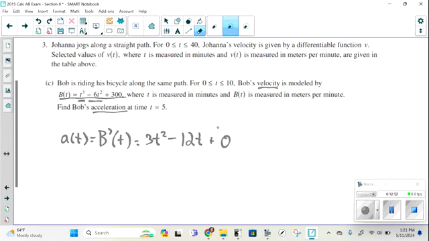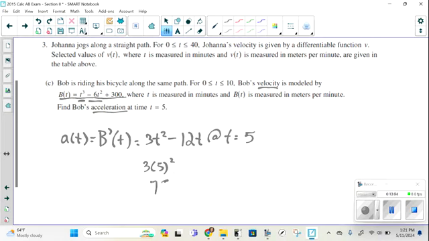But I don't even got to write that. And I want this at a time equals 5. 3 times 5 squared is 75. Minus 12 times my 5, which is 60.